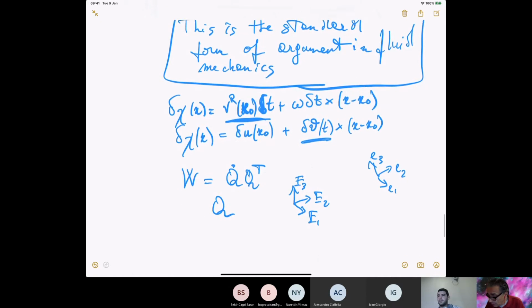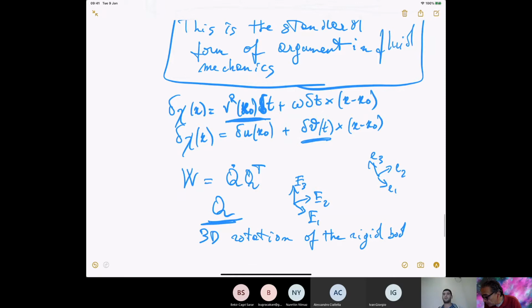So Q gives you a three-dimensional rotation of the rigid body. Okay.